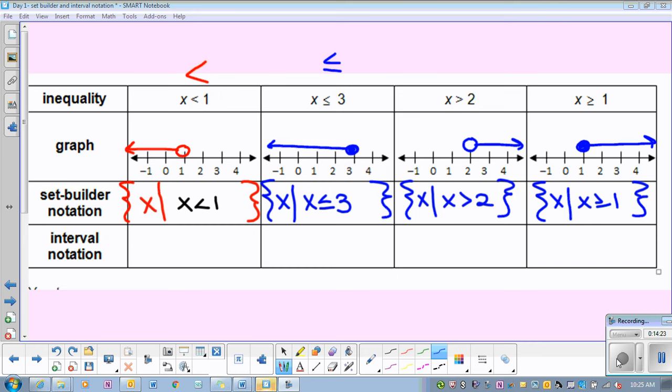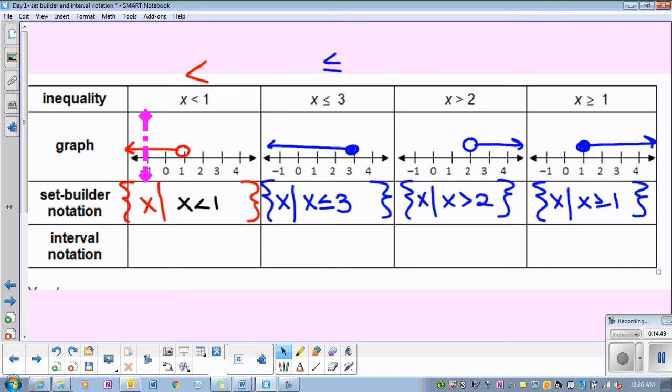Do my answers look like yours? Okay, so now let's try interval notation. Remember, we always start from the left. If we have arrows, we know we have infinities, right? Look at your first one. You have an arrow going to the left. Which infinity do we have? Negative. Good.